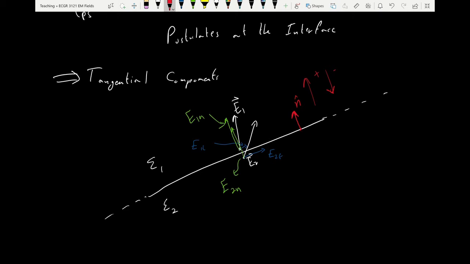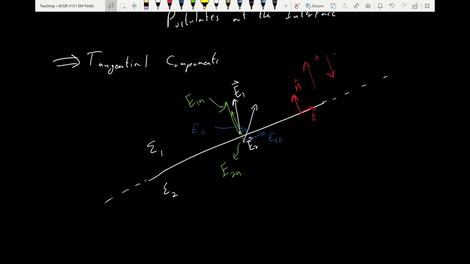And then the tangential, let me call this t hat, the tangential unit vector. I'm assuming the right hand rule, so it's going to be in this direction.